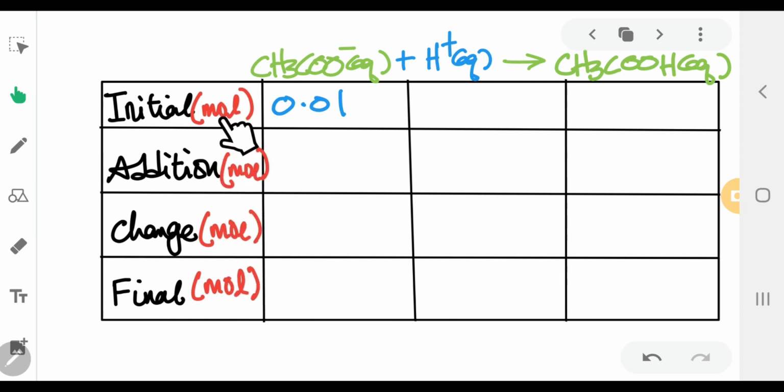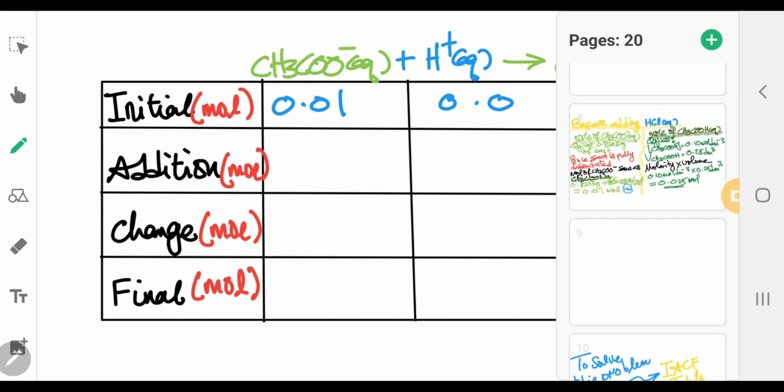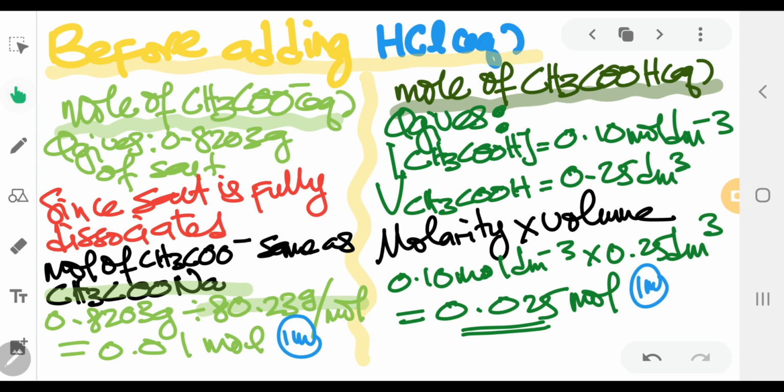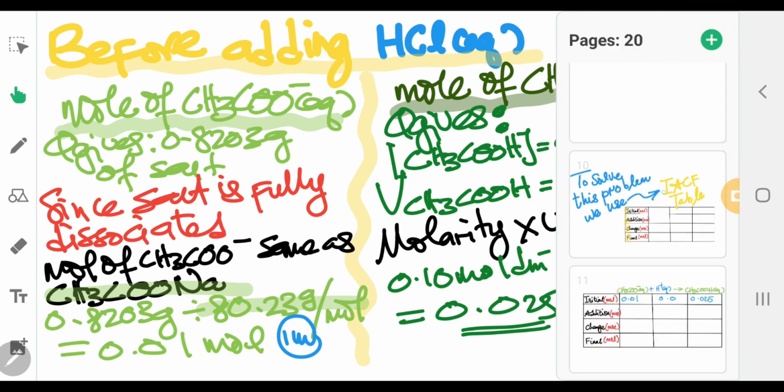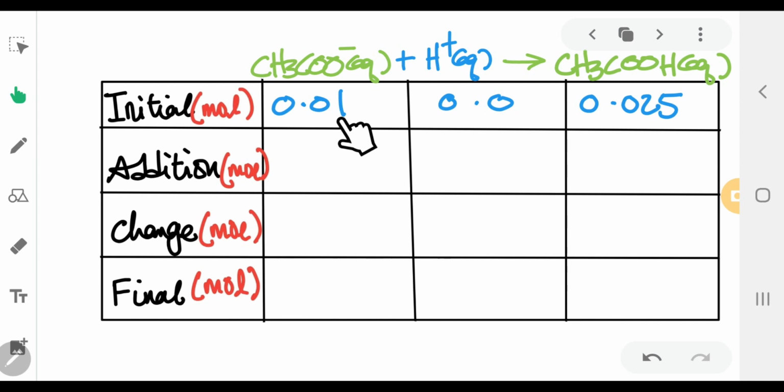We're going to be working in terms of mole for IACF. We don't have this in the beginning. And we have this 0.025. If you go back to the page over here, that is the initial mole of weak acid before you add hydrochloric acid. So all of these are the initial values.